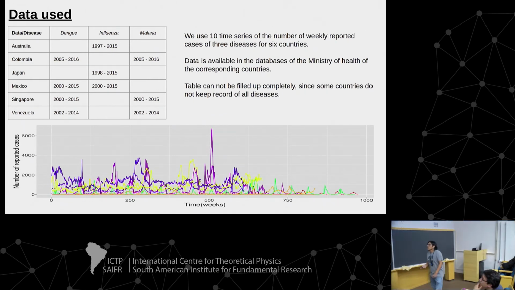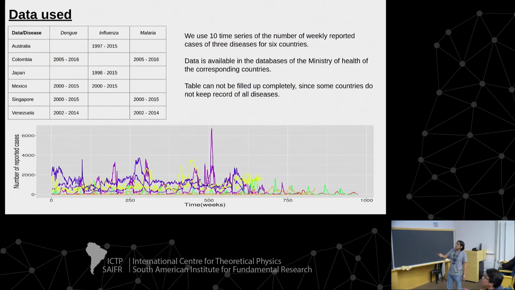So we picked a set of, in this particular case, 10 diseases. Why these 10? Because at that moment when we started evaluating, they were the more complete and more clean, and had different dynamical backgrounds. In this case, we are using dengue, influenza, and malaria.